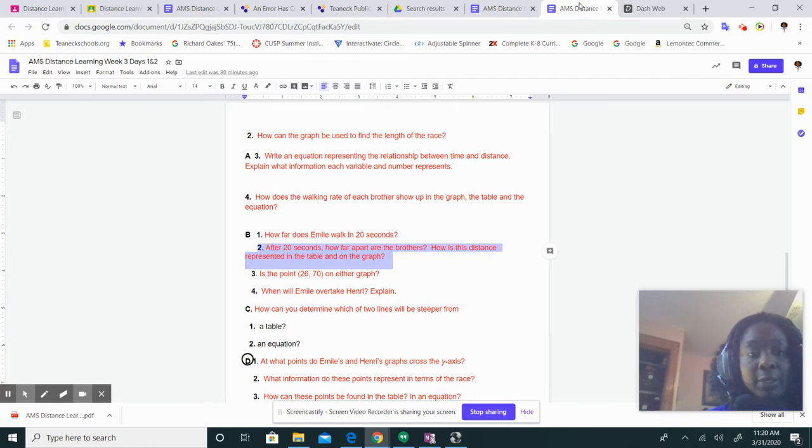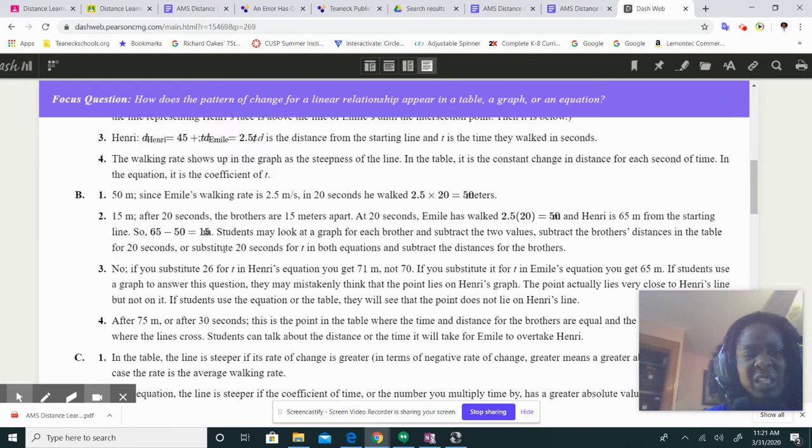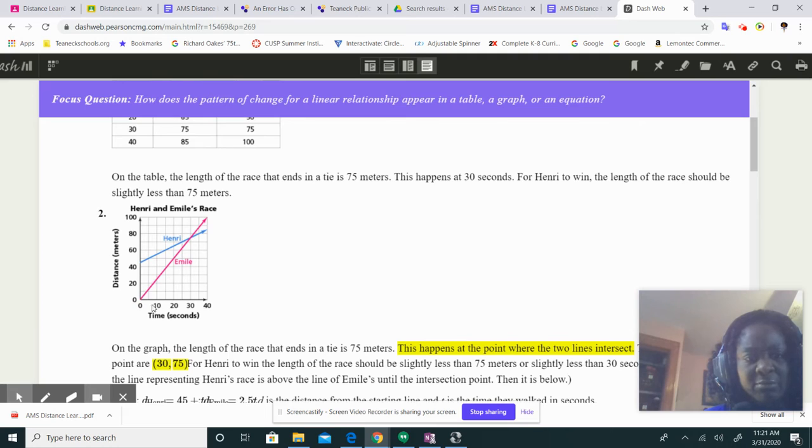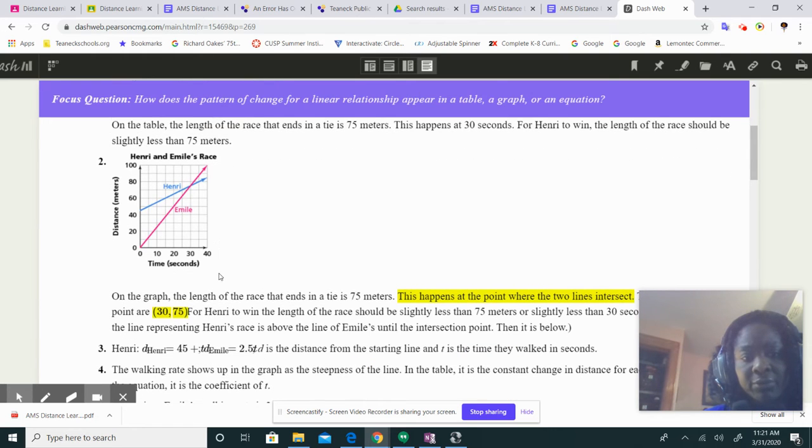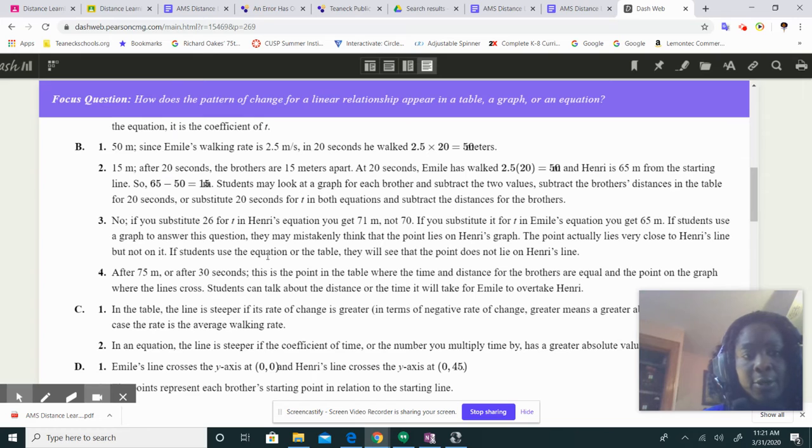Now you could also look at your graph to see how far apart the two distances are. All right, and 3: is the point (26, 70) on either graph? Well, let's look on the graph. Do you see it? 26 here, 5-ish, 70. Is it on either line of the graph? They mention no, because if you substitute 26 for t in Henri's equation, you get 71, not 70.